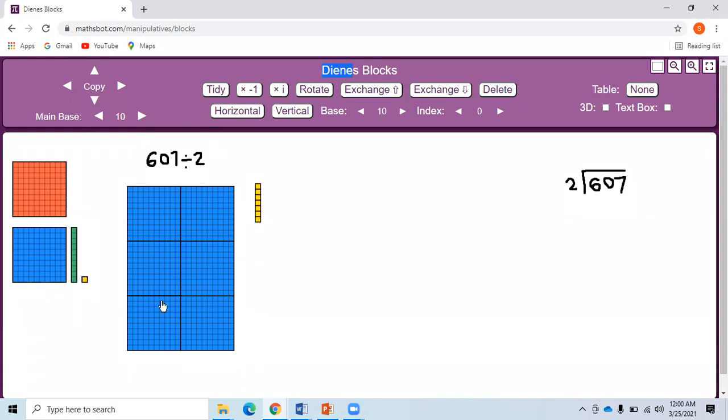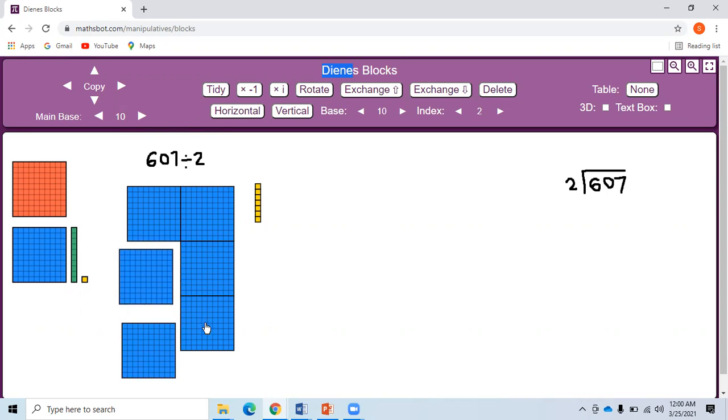Because my divisor is 2, I am going to create 2 rows. So here are my 2 rows, and I can move my hundreds to make equal rows.